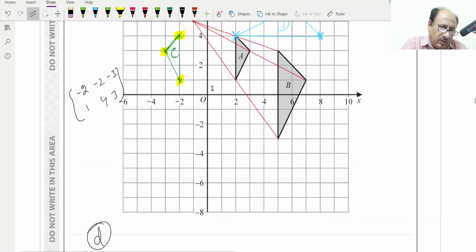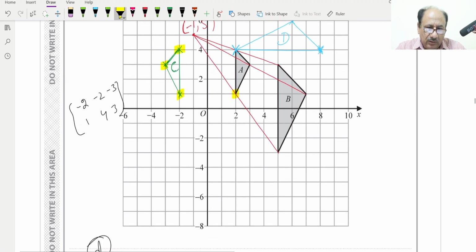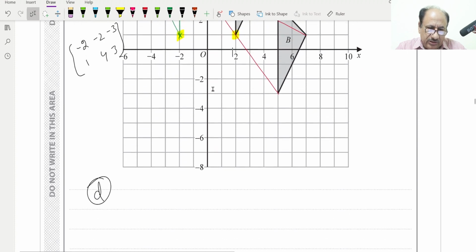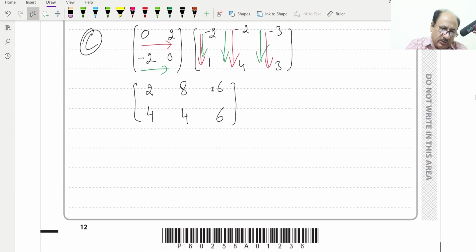First of all, I will take this point, which is (2, 1). And (2, 1) is equal to what? In the matrix which we just found, I will copy that matrix, which is this one.